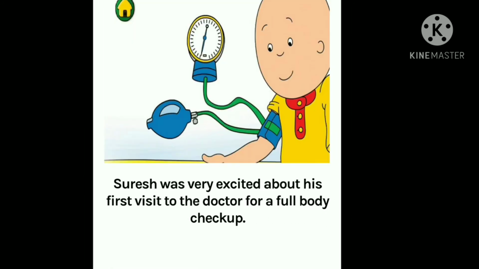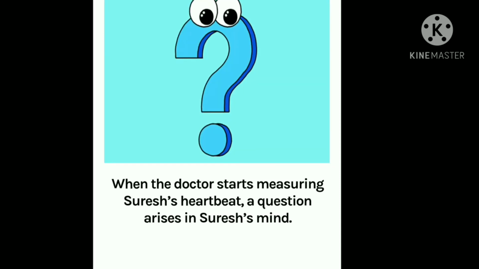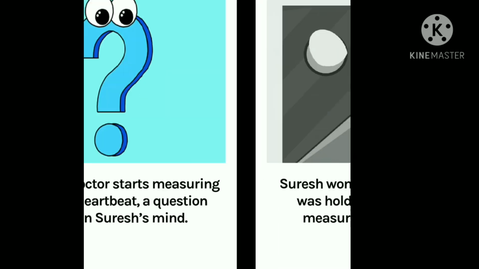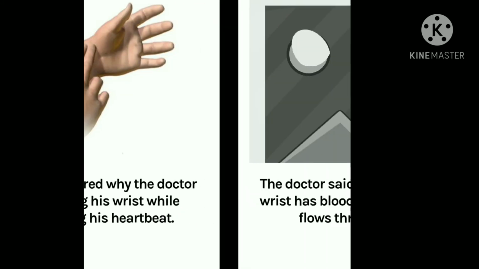Suresh is very excited about his first visit to the doctor for a full body checkup. When the doctor starts measuring Suresh's heartbeats, a question arises in Suresh's mind. What question arises? Suresh wondered why the doctor was holding his wrist while measuring his heartbeats.